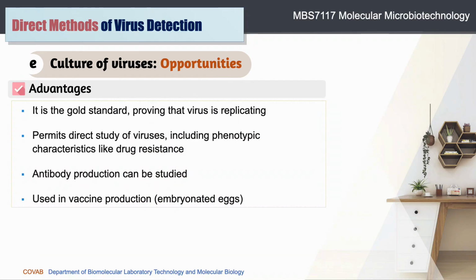The advantages of culturing viruses. One, it is a gold standard. It proves that we've got virus replicating. Secondly, it permits direct study of viruses, which includes their phenotypic characteristics like drug resistance, or perhaps how they produce plaques in cell culture, or how they produce clinical symptoms in animals.